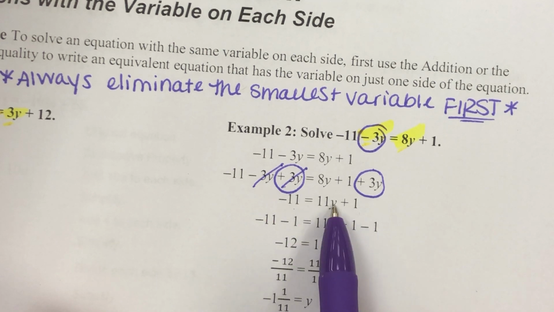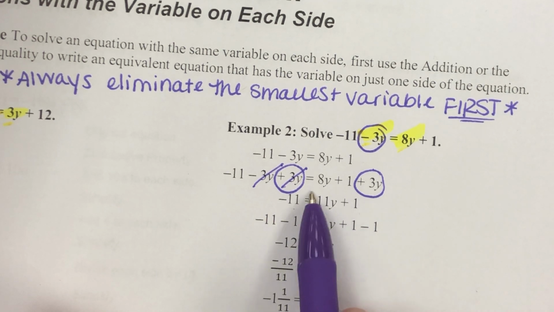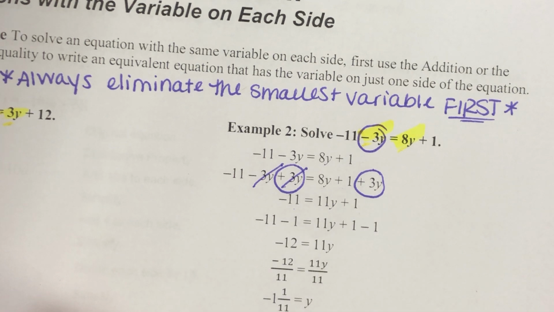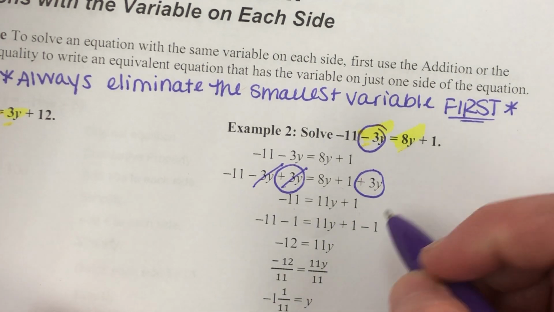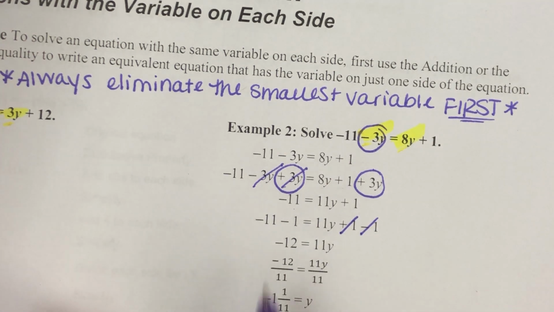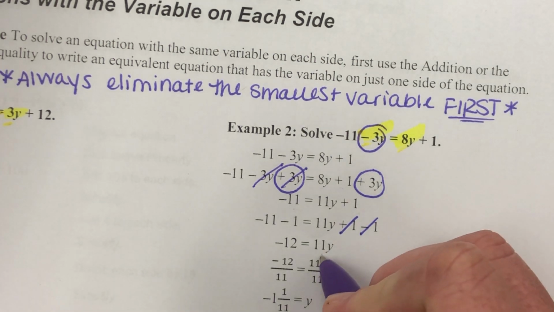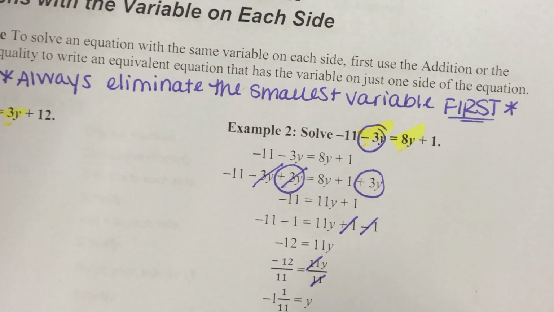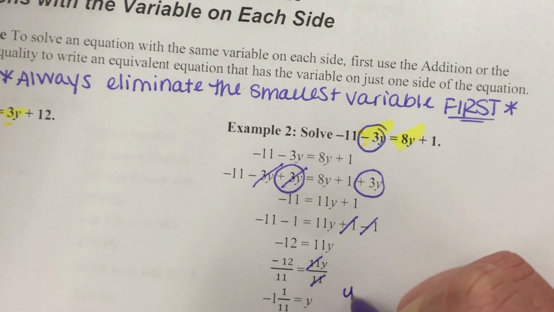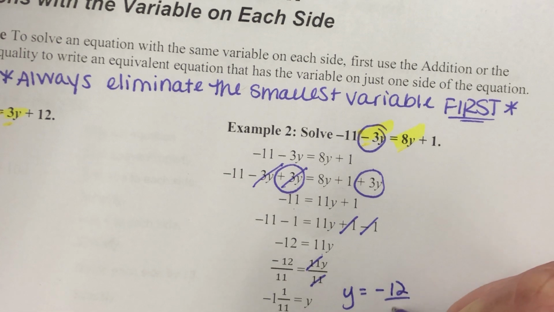So now I've got 11y, and I just need to get rid of everything around it to get it alone. I'm going to start with this plus 1. I've got to get rid of it, so these cancel, and I did the same thing over here. Negative 11 minus 1 is negative 12, and I'm left with 11y. Then we divide both sides of our equal sign by 11. These 11s cancel, and I'm left with y equals negative 12 over 11.